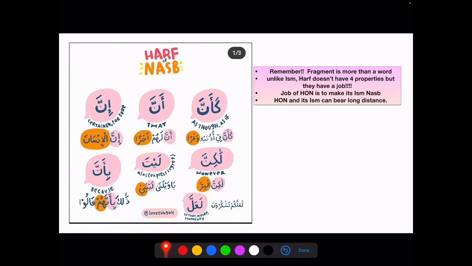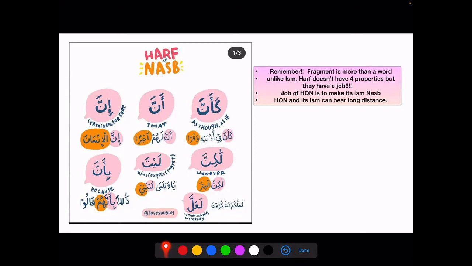Because basically this is the victim of all these harfu nasab. So we do not have to find where is the ism of harfu nasab, rather it is always going to be beside it because it is attached to it. So bi annahum, basically this is our harfu nasab and its victim, and then qalu is fail. So Allah subhanahu wa ta'ala is saying that because they said something, Allah subhanahu wa ta'ala is angry at them, and he is not happy about their statement.